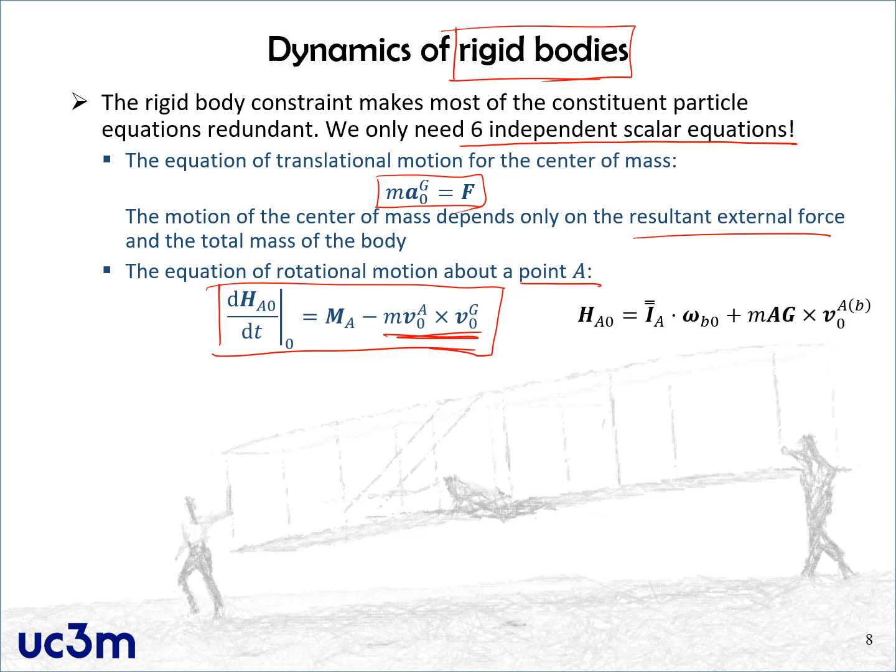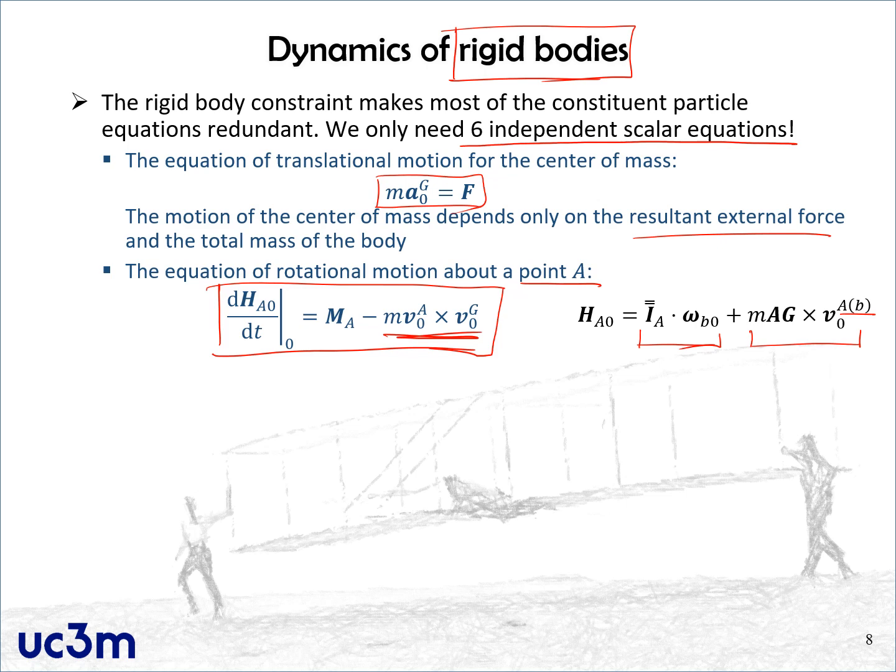In fact, if we remember from our previous lecture, the definition of the angular momentum for a rigid body, here we have written it down in terms of the tensor of inertia about the point A, and then there was this additional term if the point of the rigid body that is on top of A is moving. Then we can replace this into this expression and have an equation for the angular acceleration.